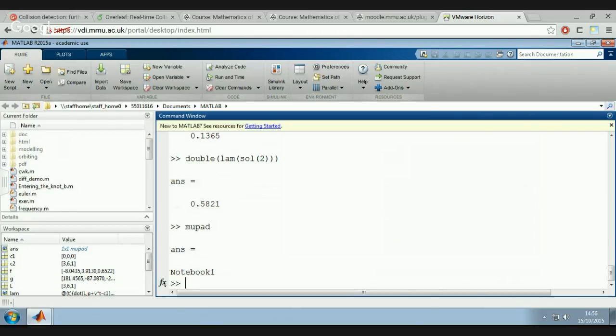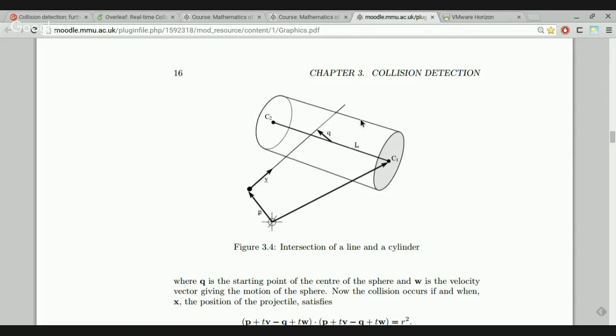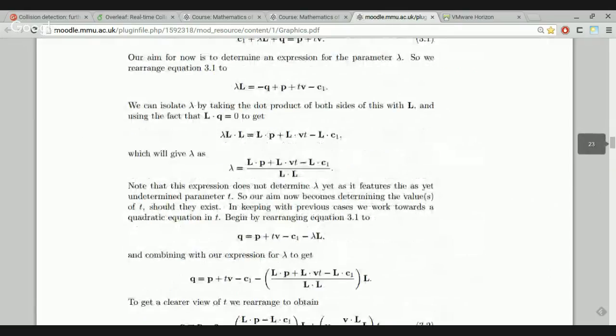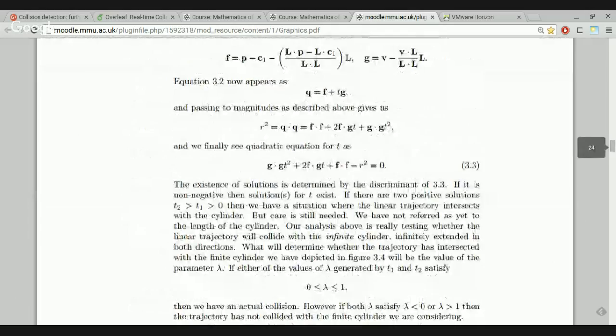Any queries or questions coming from that? So we derived this formula. The intersection test is solving the quadratic equation in t. And that was the right kind of thing to expect, because a line moving towards a cylinder has to have the possibility of two intersections, an entry point and an exit point.